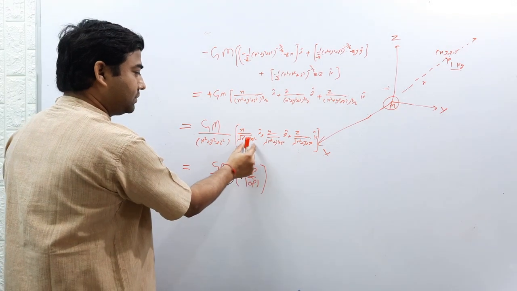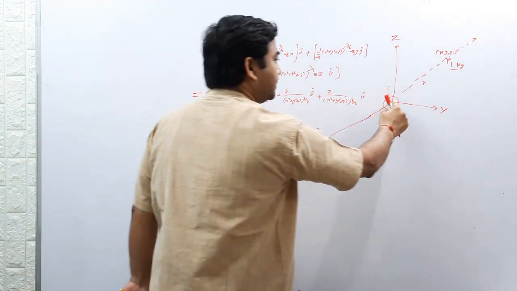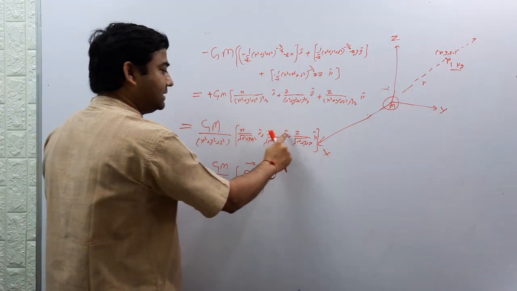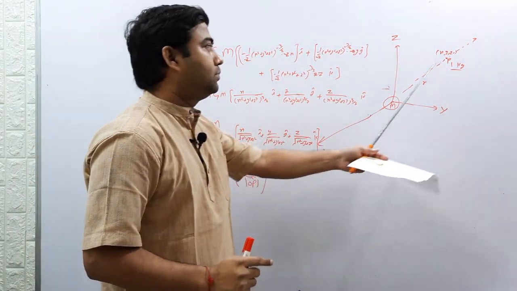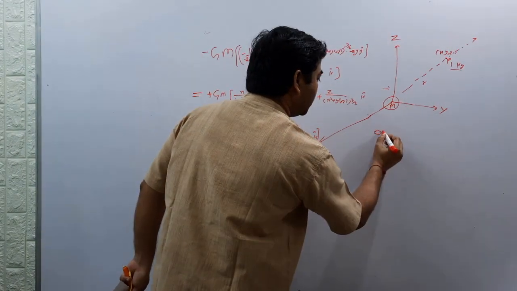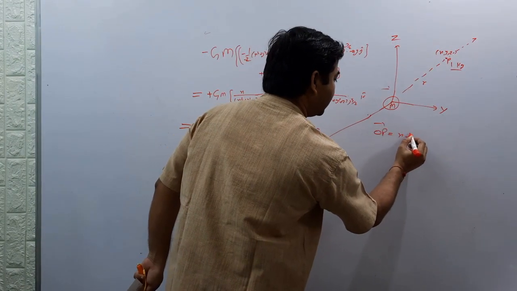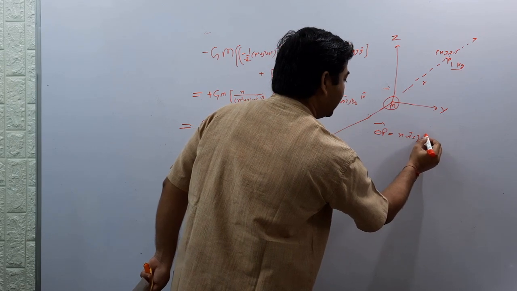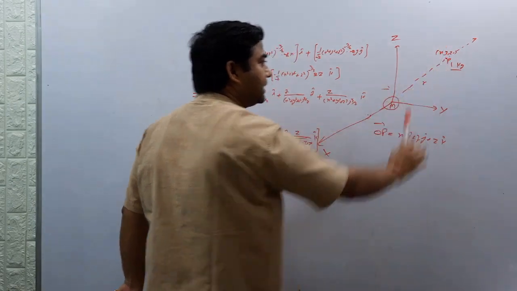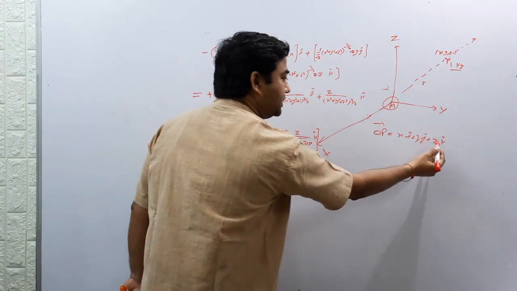Because this under root x square plus y square plus z square is the modulus of this vector, and xi plus yj plus zk is the position vector OP. So I will just write vector OP is equal to xi plus yj plus zk, because the coordinates of point P are x, y, z. Vector OP is this.